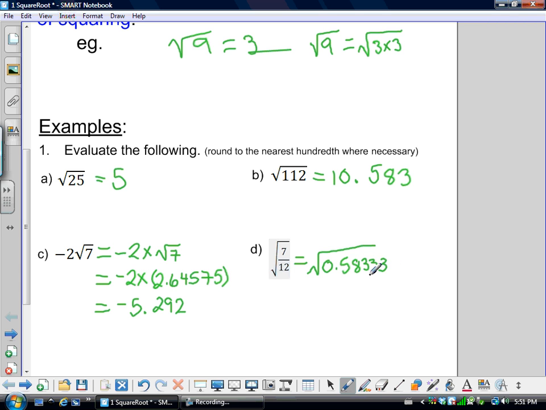Okay, and these are just repeated 3's. Now if I take the square root of that number, I end up with 0.764. Okay, so now you have a few questions also to do yourself, and make sure you watch the next video.